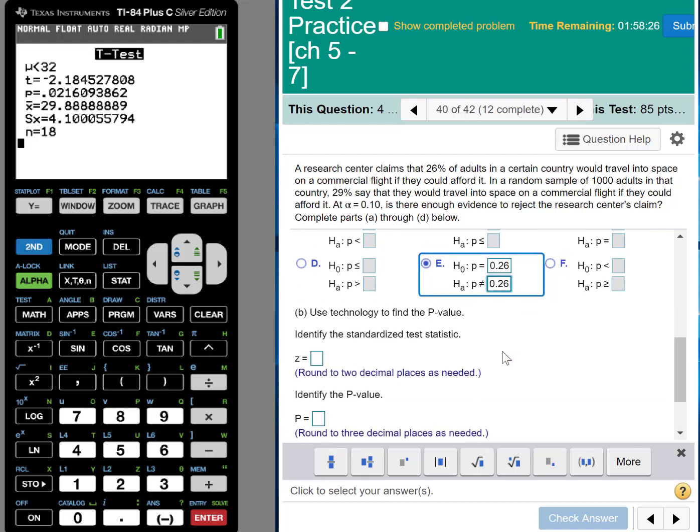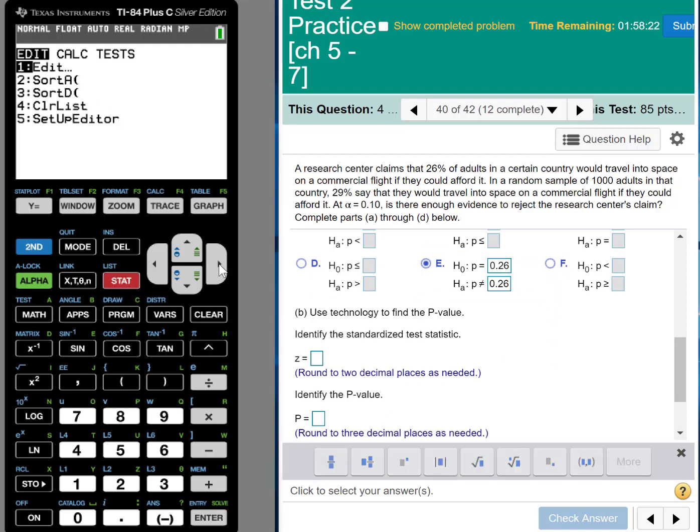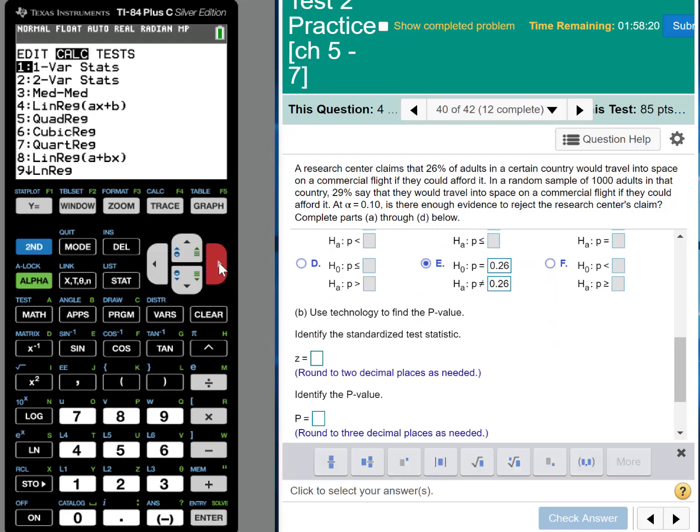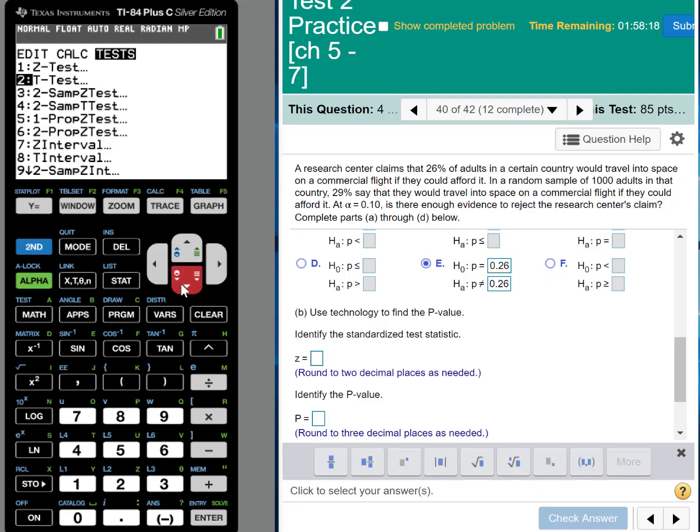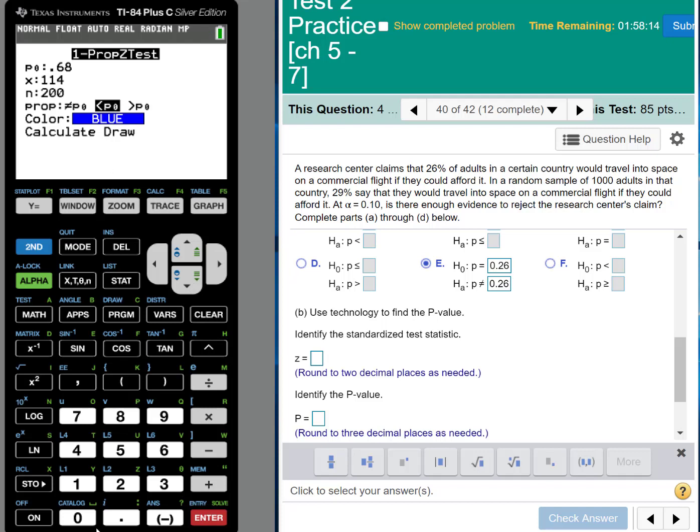Use technology to find the Z and the P. It's a proportion test. So stat, tests, one prop Z test, enter. We're testing against 0.26. Usually he gives you the sample size, 1000, and tells you how many in the sample do this, but this time he didn't. He said 29% of them.